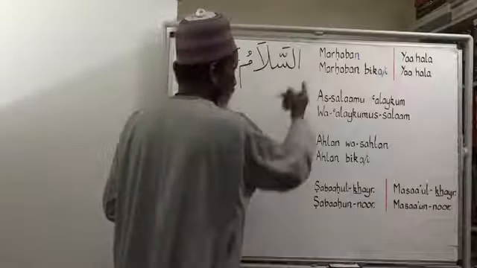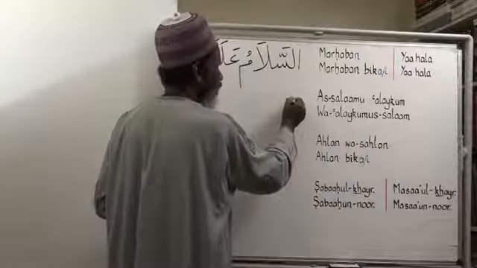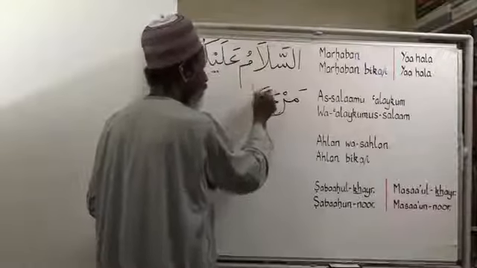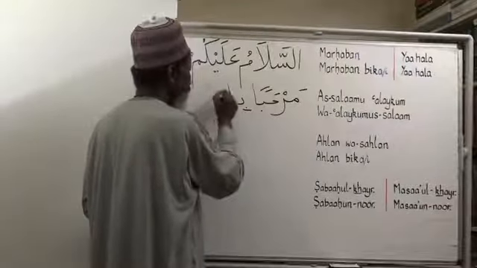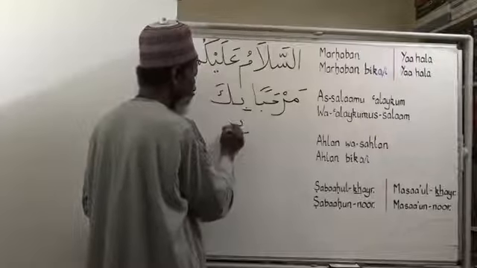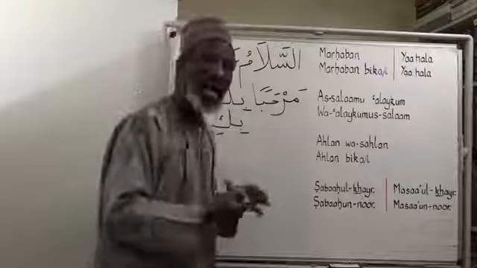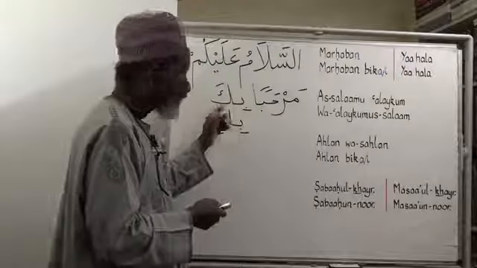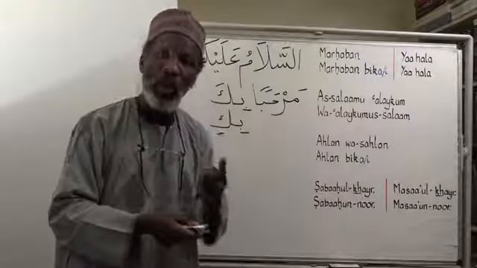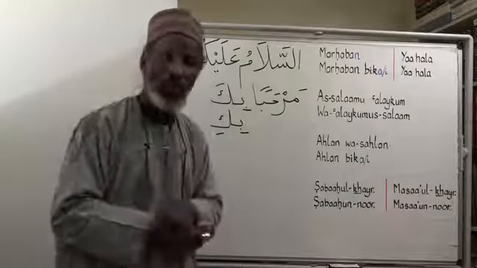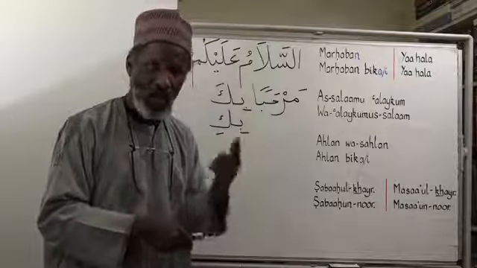We say marhaban bika, or biki. So this symbol, the attached pronoun ka, indicates we are speaking to a single male, and the ki ending is an attached pronoun meaning we are speaking to a single female.